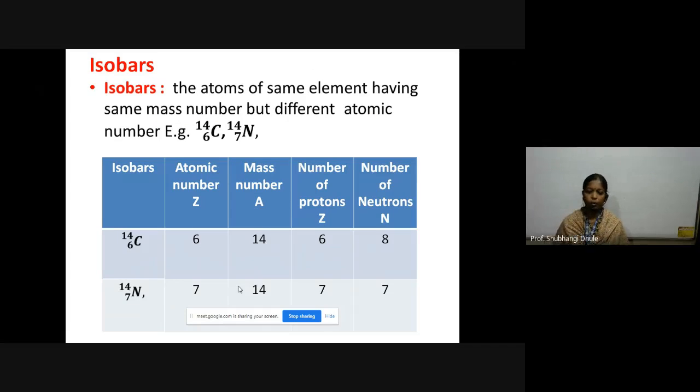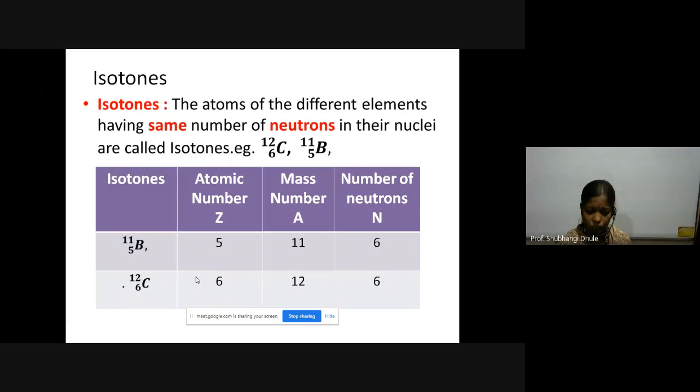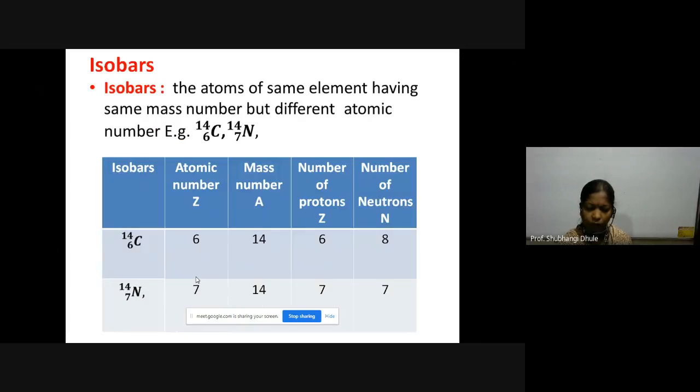Now what are isobars? Isobars are atoms having the same mass number but different atomic numbers. Here there is something wrong in the definition: isobars are the atoms of different elements, not the same element. They have the same mass number but different atomic numbers.